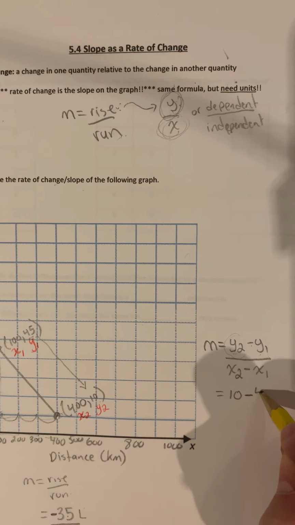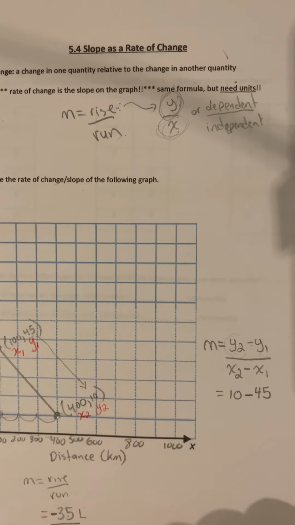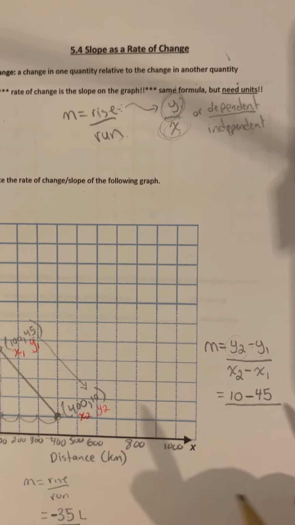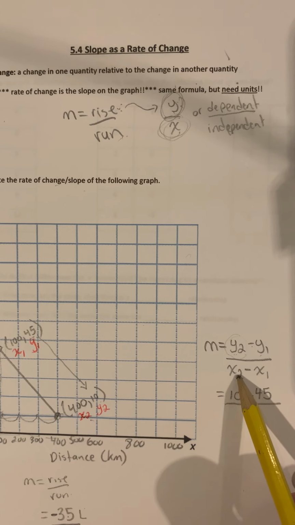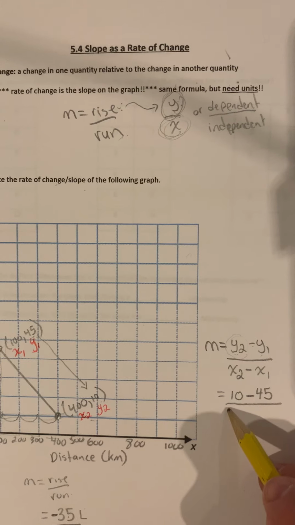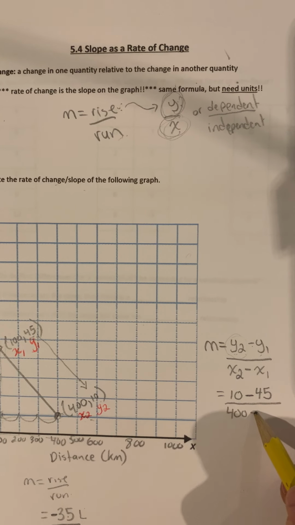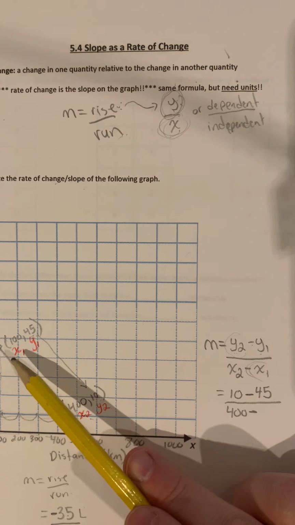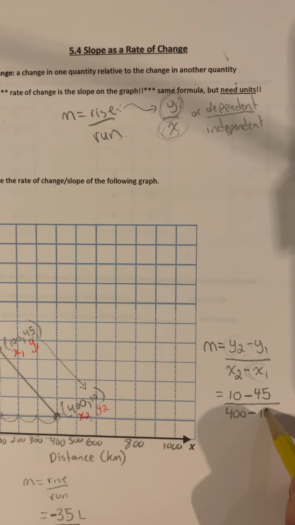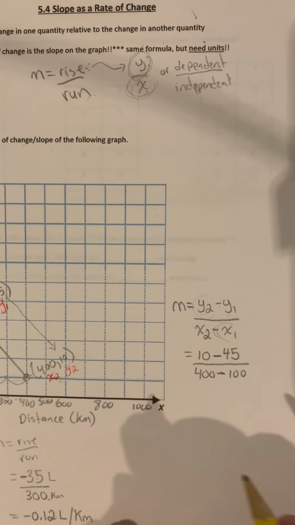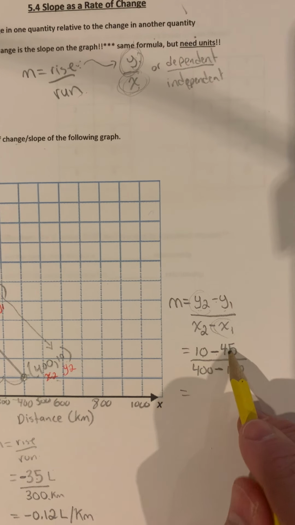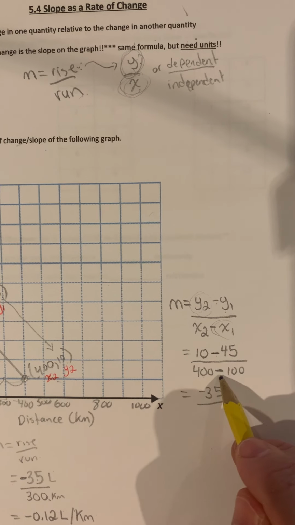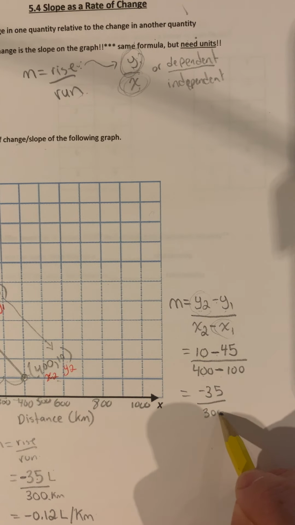So we do 10 minus 45, all over x2, which is 400, minus our first x, which is 100. So 10 minus 45 is negative 35, and 400 minus 100 is 300.